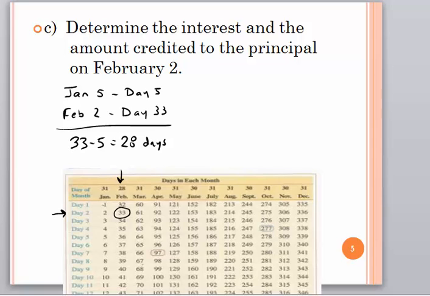Now, let's calculate the interest that has accrued between January 5th and February 2nd. And so we'll use our formula. I is equal to P times R times T. Remember that the principal has now been adjusted based on her first partial payment. So the principal is now $259.03.